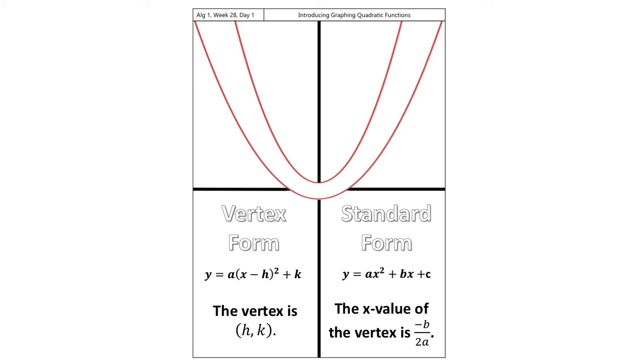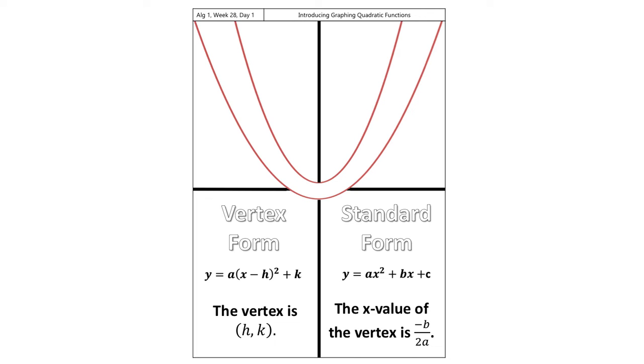So here we have two forms, vertex form and standard form. Vertex form is laid out so that we can see the vertex. That's why it's called vertex form. That's helpful because what we need to be able to draw a parabola is we really need to know what the vertex is.